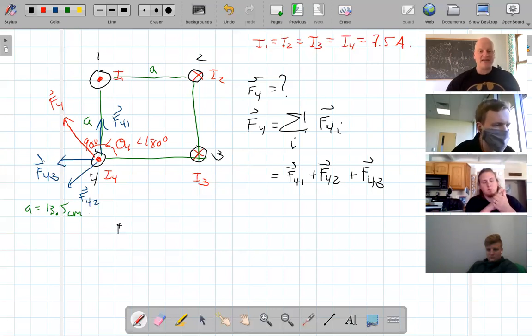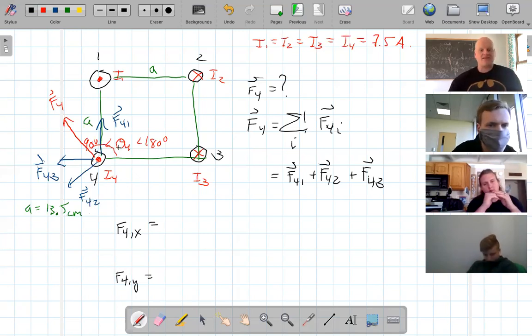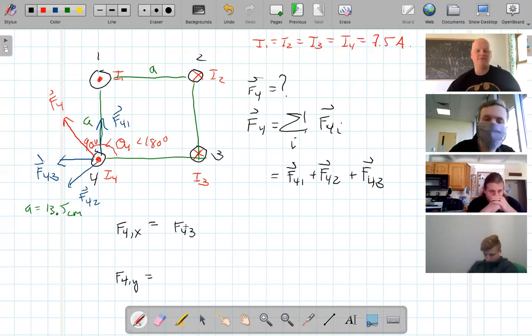So good. What we can do in this case then is break this up into components. So we can look at just the x portion, and we can look at just the y portion of the net force acting on this guy. So in the x direction, we have what? This portion here, which is actually going to be in the negative x direction. And we have all of this force. So this is going to be the force on 4/3. We have all of that guy.